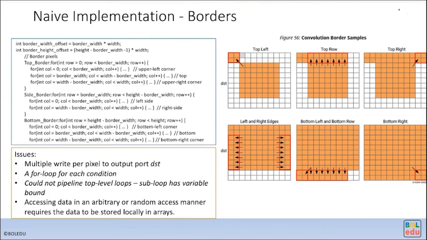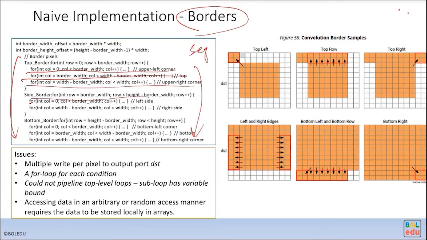And here, let's say we handle the border. That's how the code is written. You can see you have different loops in sequence. Since the indices are all different, you cannot do the loop merge. If I sequence the loops, then the latency simply accumulates the loop latency for each one.